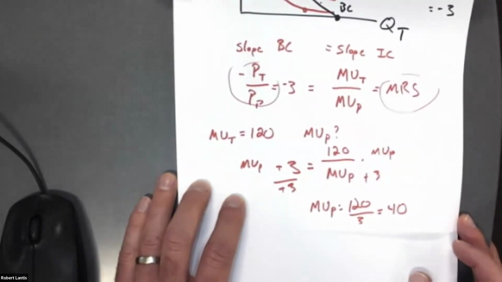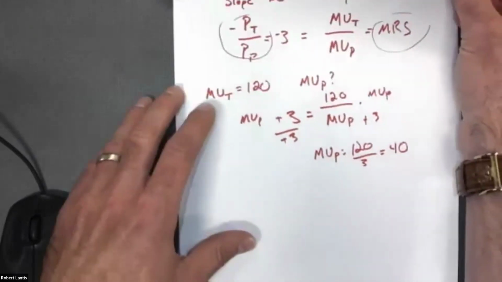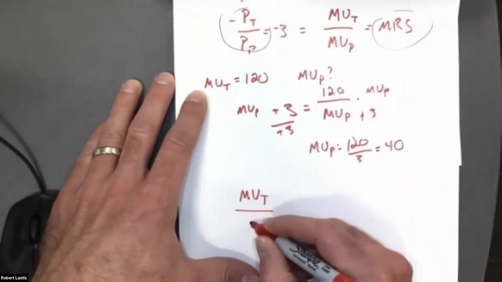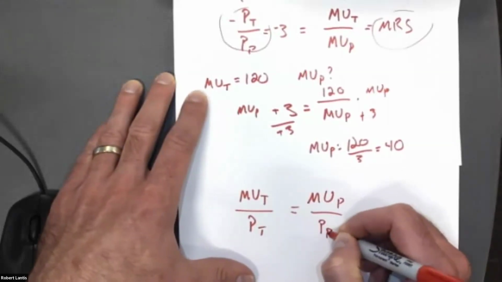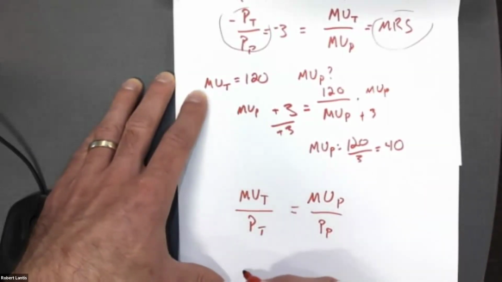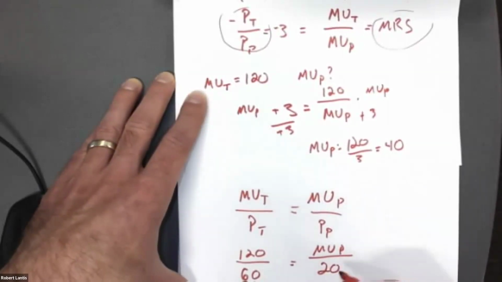And in fact, you could do it this way, or you could also think about what I know: when I'm spending optimally, the marginal utility per dollar of both goods should be the same. So if textbooks were 60, marginal utility was 120. Here, I don't know the marginal utility of pizza, but I know the price was 20.